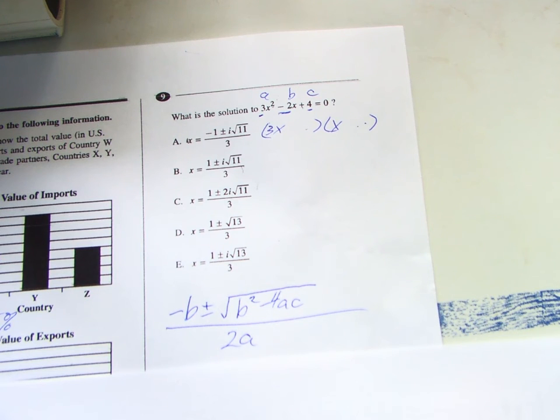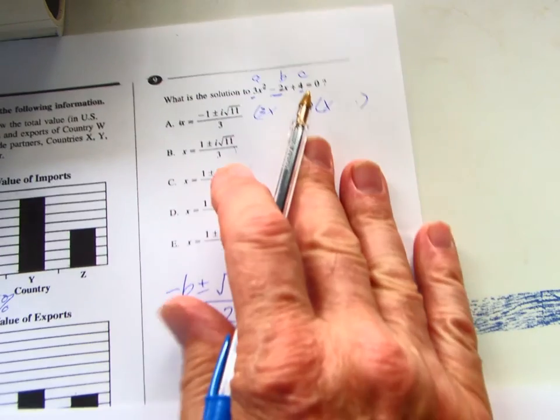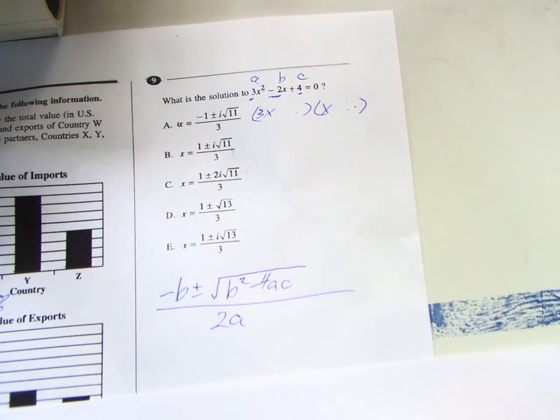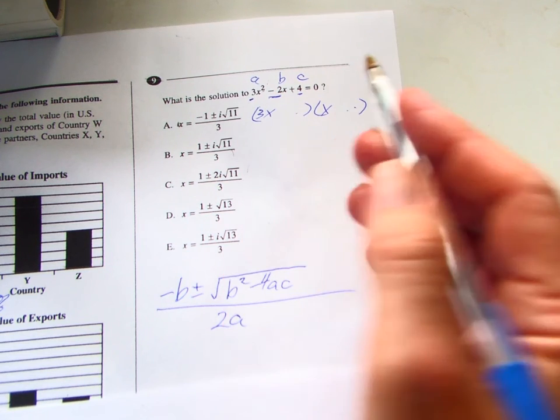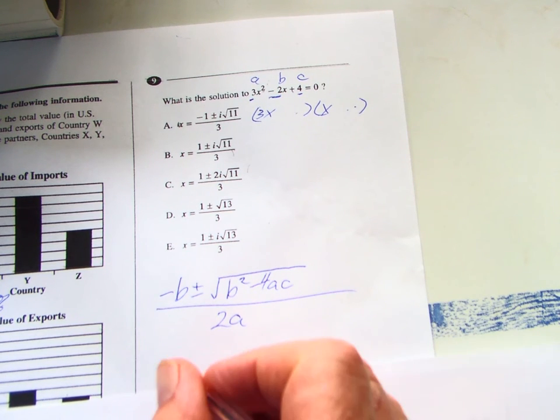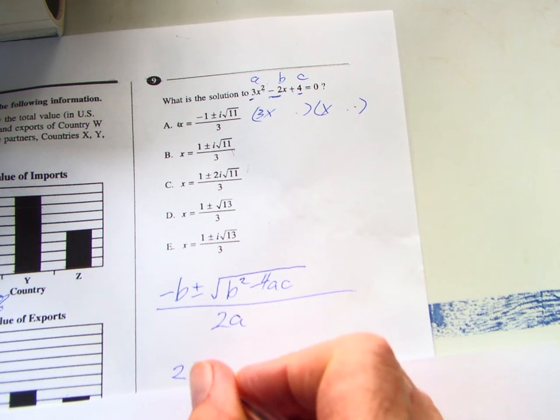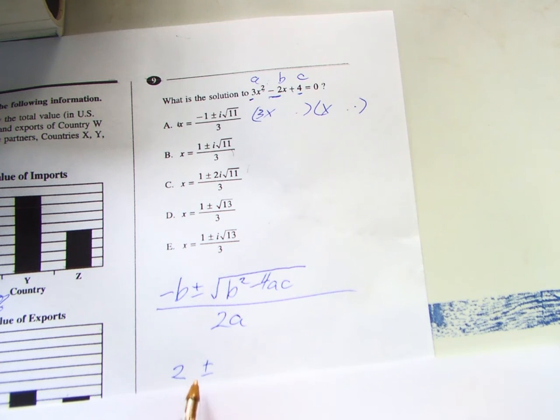It's actually a very helpful formula. Let's try it out. Minus b: b here is minus 2, don't forget the minus, so minus b is 2. Plus or minus means first we do it with plus, which gives one answer, then with minus, which gives the other answer.